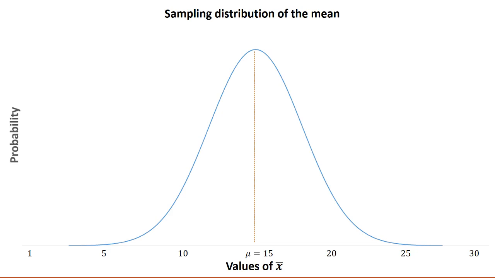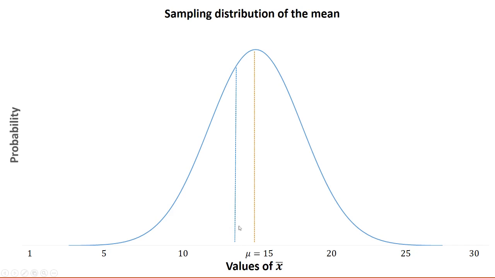You have a much higher probability of drawing a sample mean that is somewhere close to the true population mean than drawing a sample mean that's really far away from it. So where do our sample means come in?